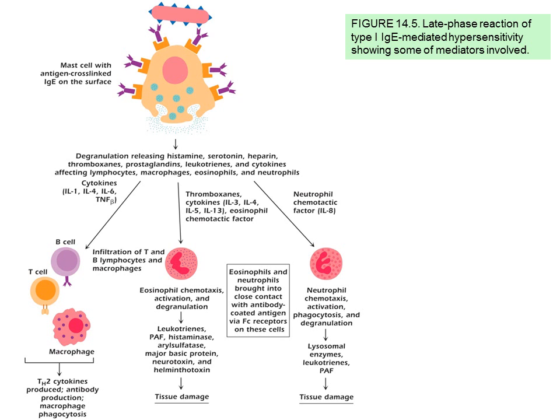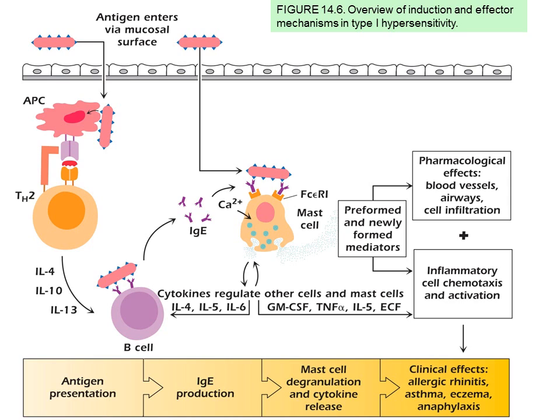I think the last slide for this one is just a summary slide. We have antigen presentation, IgE production, the mast cell degranulates and produces cytokines, and then you have the clinical aspects, for example allergic rhinitis, running nose, asthma, eczema, and a full-blown anaphylactic reaction. You are pretty much familiar with the initial signal, the second signal, cytokines being released, and the actions of cytokines.